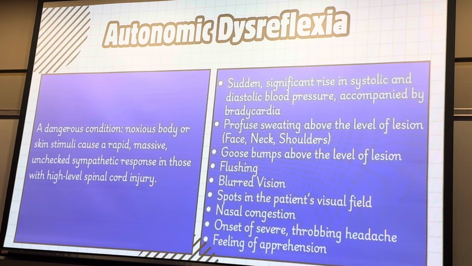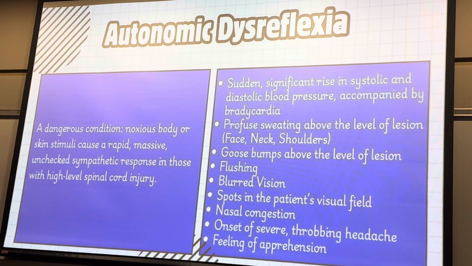Let's talk about some other key risk factors. We talked about bladder distension. We talked about constipation. The bed rails are involved, maybe. What other things can we think about? Seizures. Yeah, that could cause some stress, I guess. Pain. Pain, that's a good one.